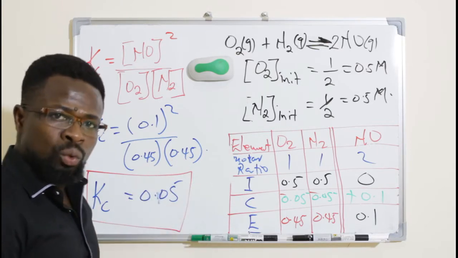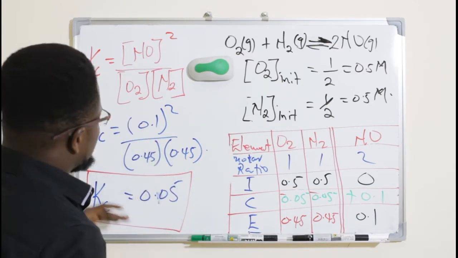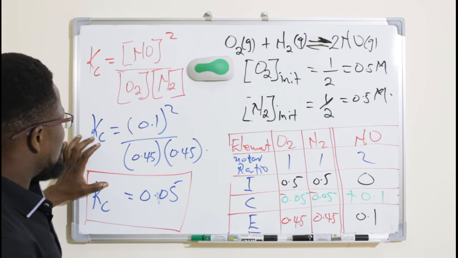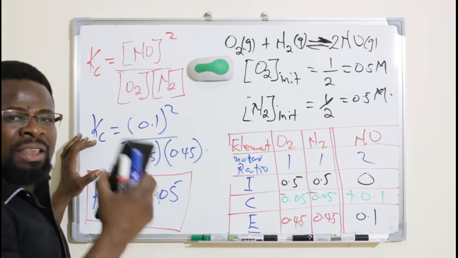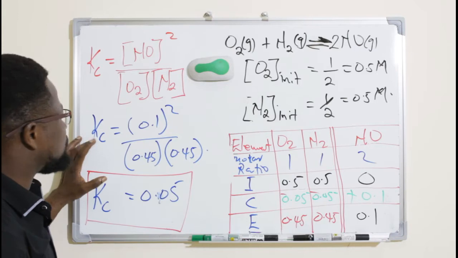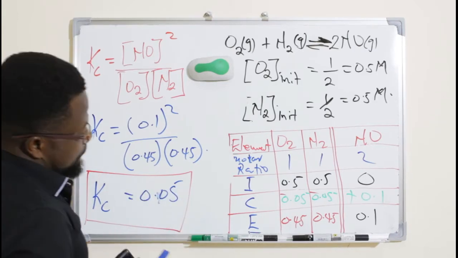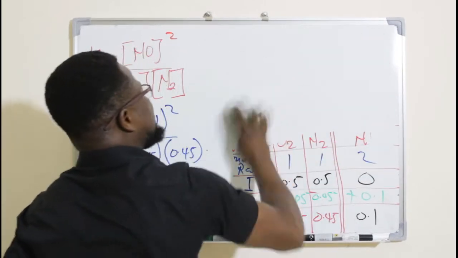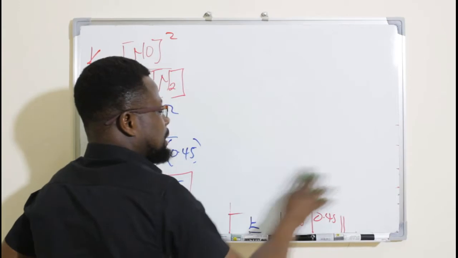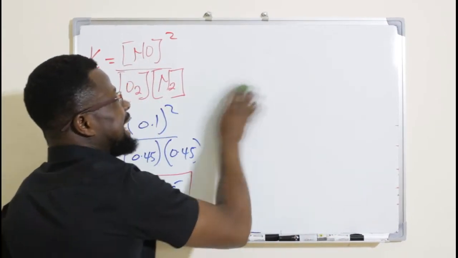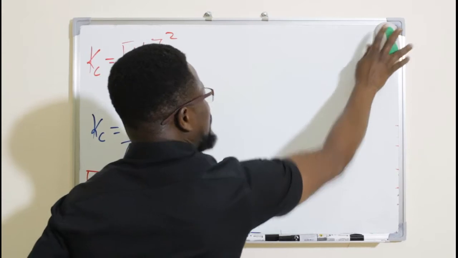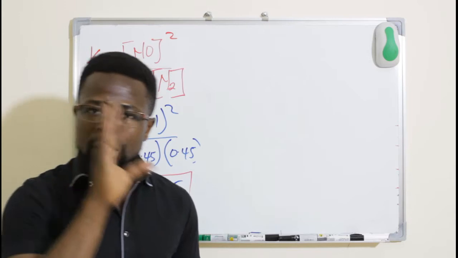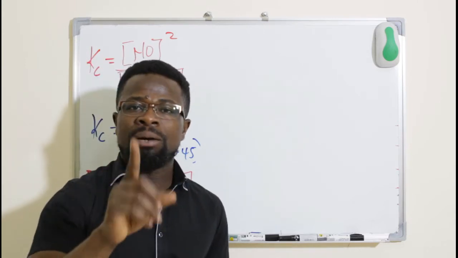Let's look at question number 2. The question is asking what is going to be the effect of pressure on the Kc. So they are asking if the value of the pressure changes, what is going to happen to the Kc value? Well, very obvious. If you remember, we said that in the calculation of Kc, Kc is not affected by any of the factors that affect equilibrium, except temperature.